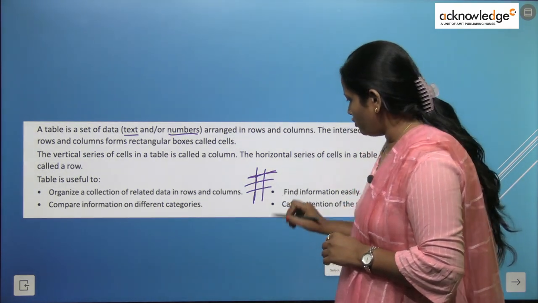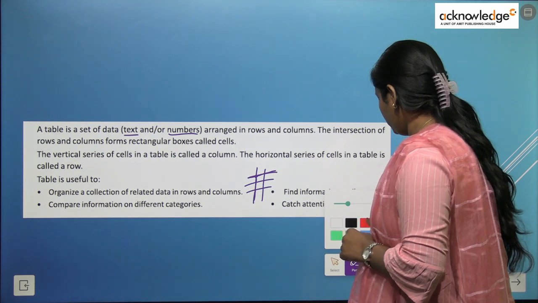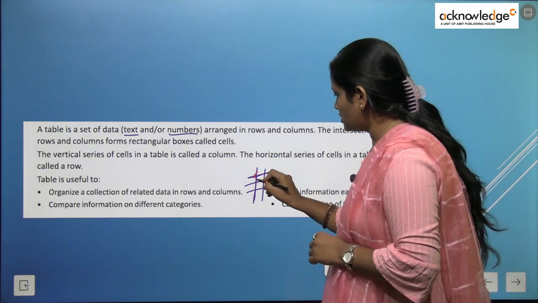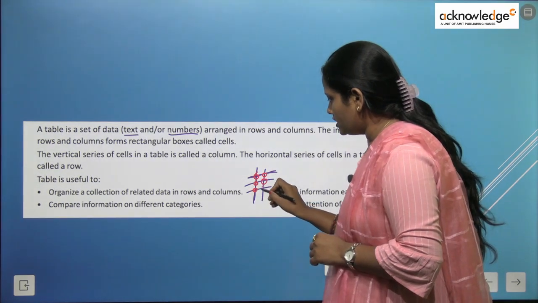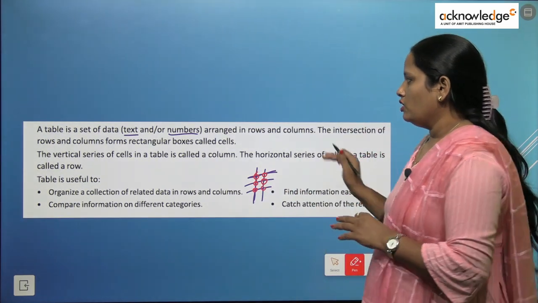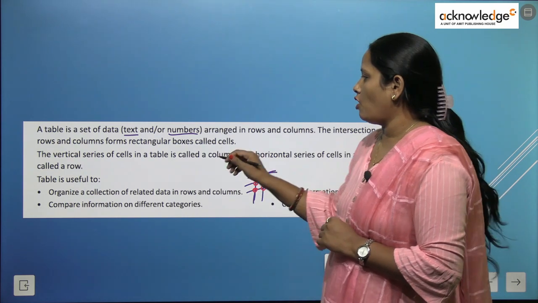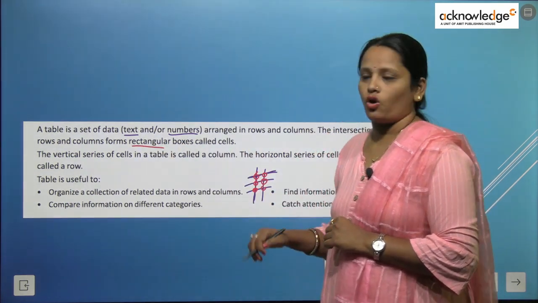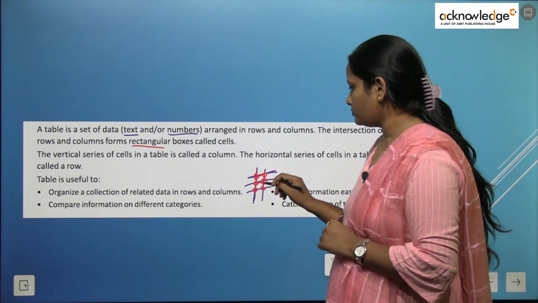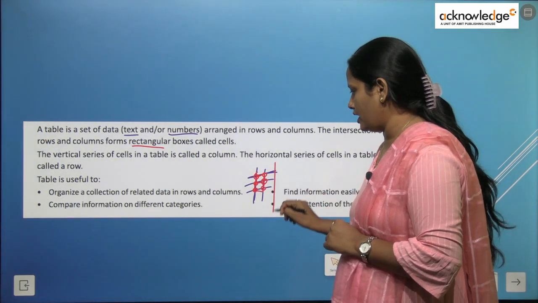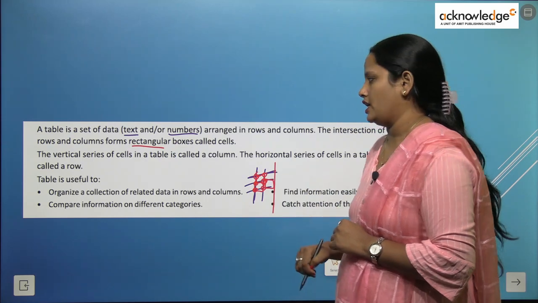This is the point of meeting of these lines. So whenever they meet, they form a rectangular box called a cell. So this is a cell. This is a cell. Again, this is a cell.